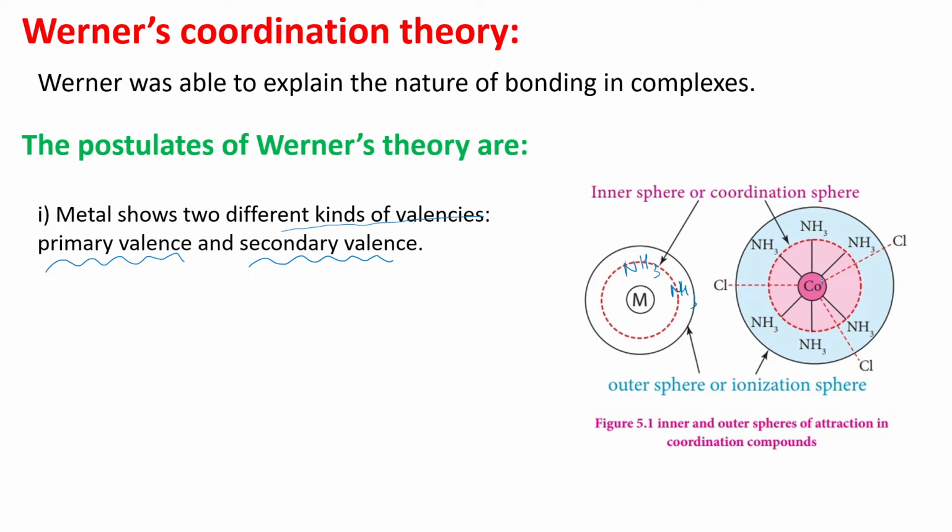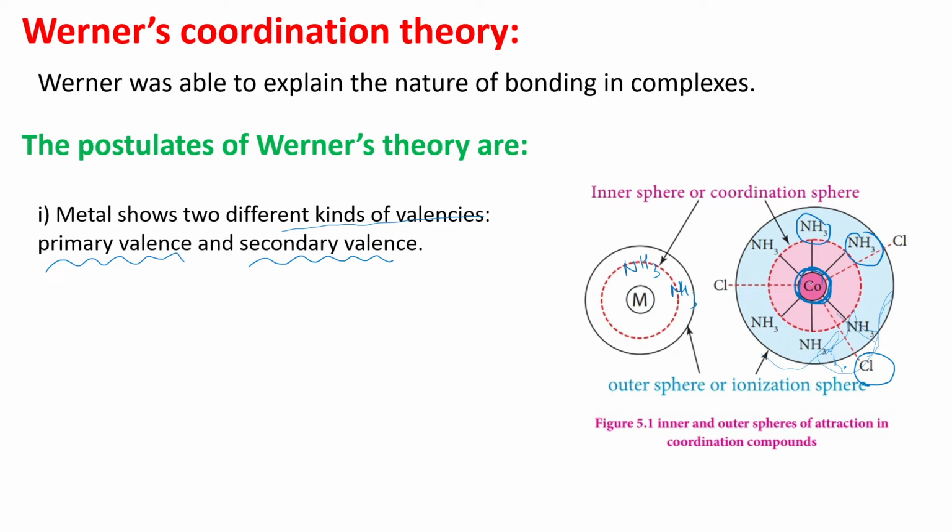As you can see in this figure, the cobalt ion is present as the central metal ion, and the ammonia molecules are present in the inner coordination sphere. Okay, and the outer sphere is the ionization sphere, where the chloride ions are present, which are outside. These are not directly, okay, just a minute.